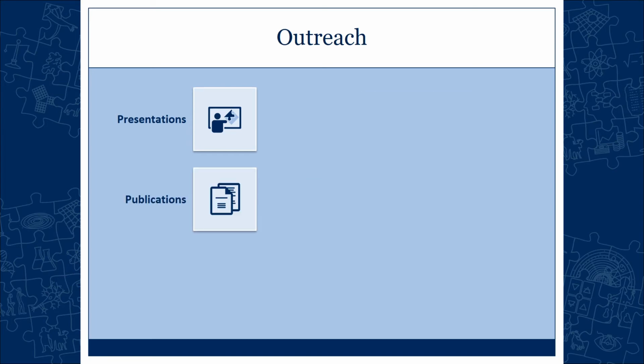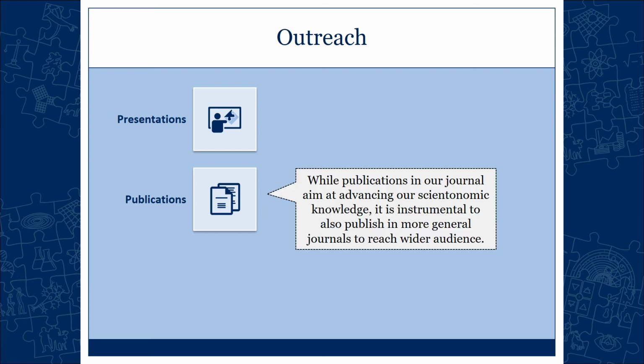Part two, we need to expand our set of publications. The publications in our journal, the Journal of Scientonomy, aim at advancing our scientonomic knowledge, but it's also important to publish in more general journals. This is going to help us reach a much wider audience.